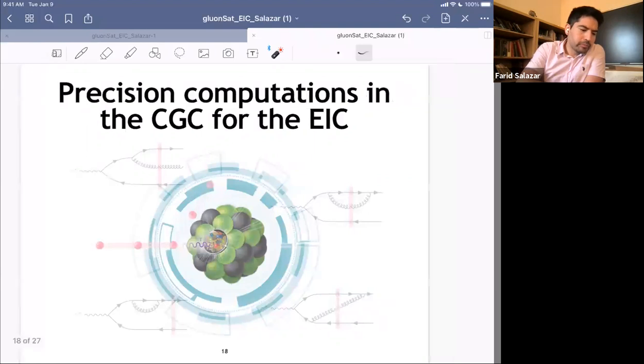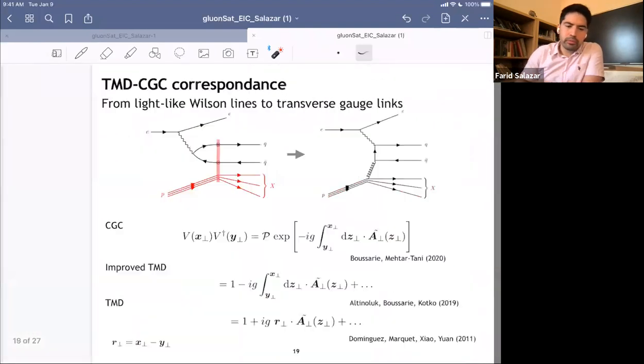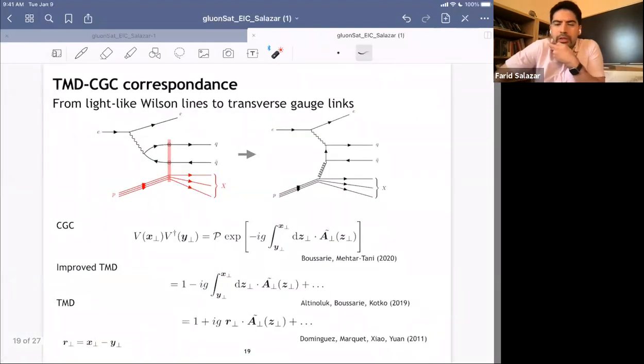And first, before I get to next-to-leading order corrections, I would like to advertise a little bit this connection between TMDs and CGCs. So the CGC is valid at small x, at high energies, and the TMD is typically valid, for example, for this dijet process when the momentum imbalance is small.